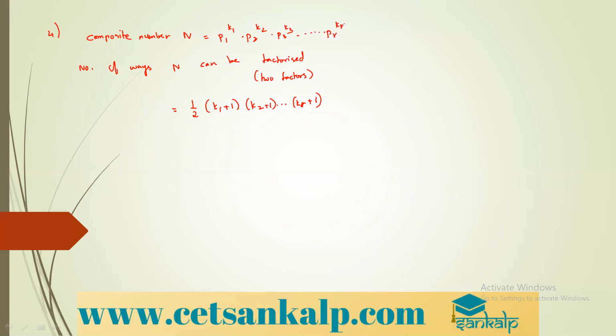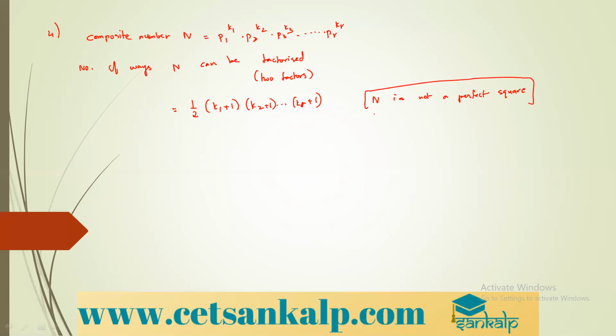What you get is common for all the shortcut formulas. But one thing you have to remember before applying this shortcut formula: n is not a perfect square. Then only you can use this formula.